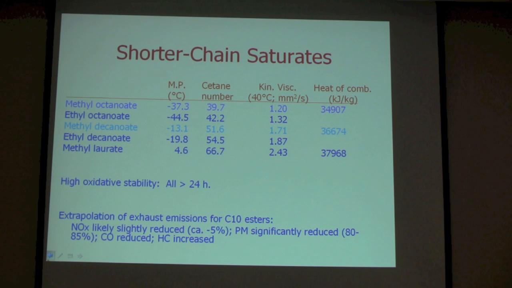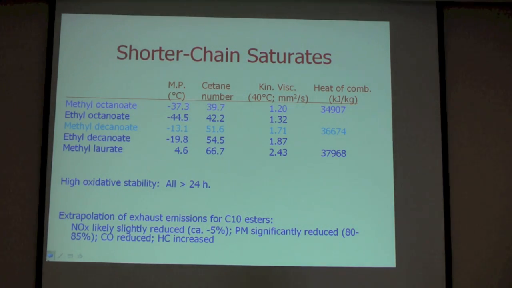You'll see that their melting points are reduced compared to methyl palmitate or methyl stearate. If your chain gets a little bit too short, like C8, the cetane number will fall off and not meet those specifications. Point out that all have high oxidative stability too. So next slide, please.